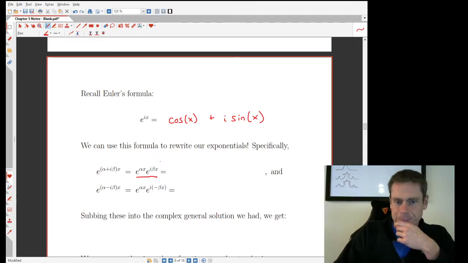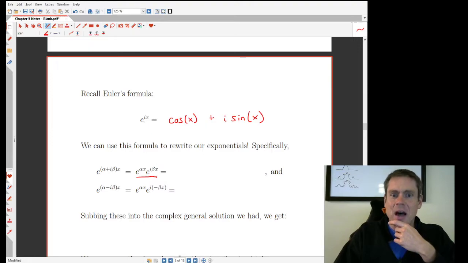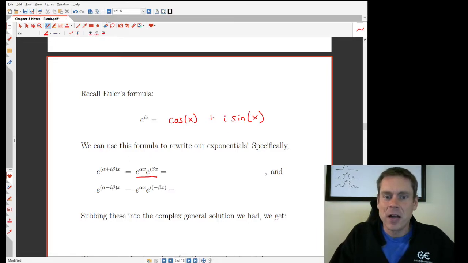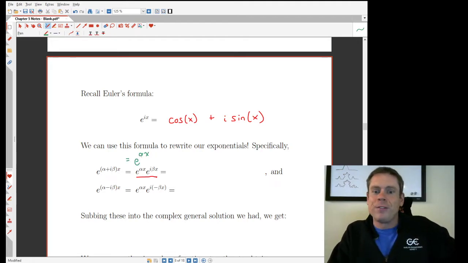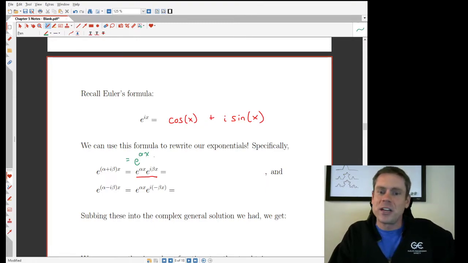And then, if I think about what this is, I have e to the i times thing equals cos of thing plus i times the sine of thing. I want to think of this for a second. There's an extra beta here, and you may not know what to do with that. The e to the alpha x looks like a real valued thing, so there's no problem there. We're just going to keep it there.